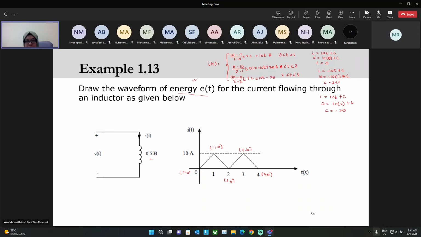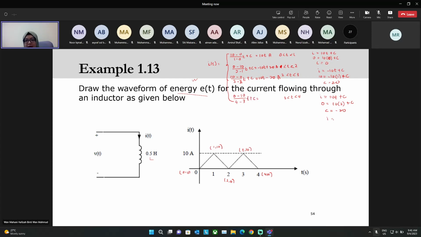Ini 10T tolak 20 ampere. Dan jangan lupa ada lagi satu antara 3 ke 4. So 0 tolak 10 divide with 4 minus 3, T plus C. Okay.